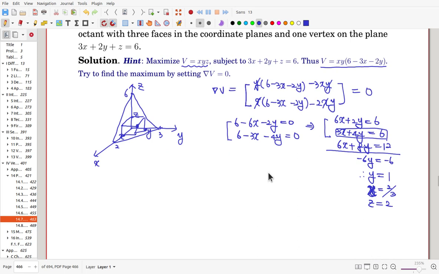So we found all values required. The maximum volume is xyz, with x equal to 2 over 3, y equal to 1, z equal to 2, so the final answer must be 4 over 3.